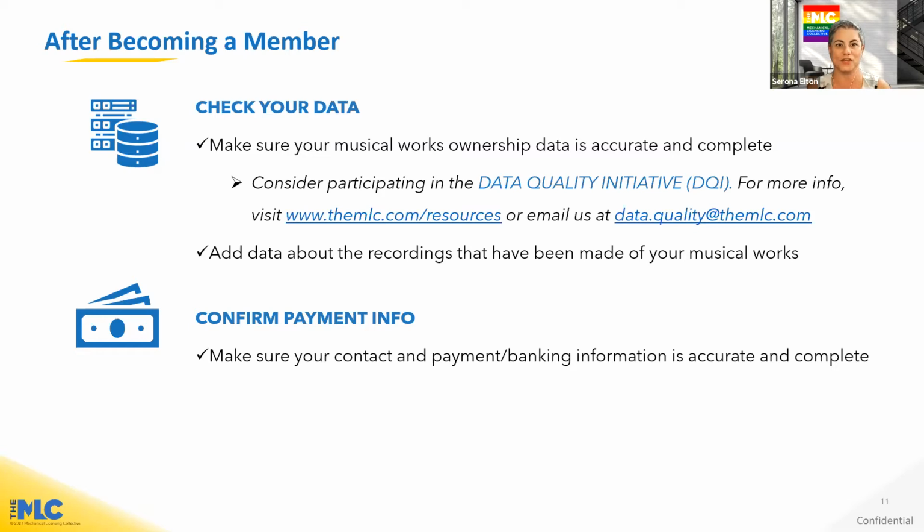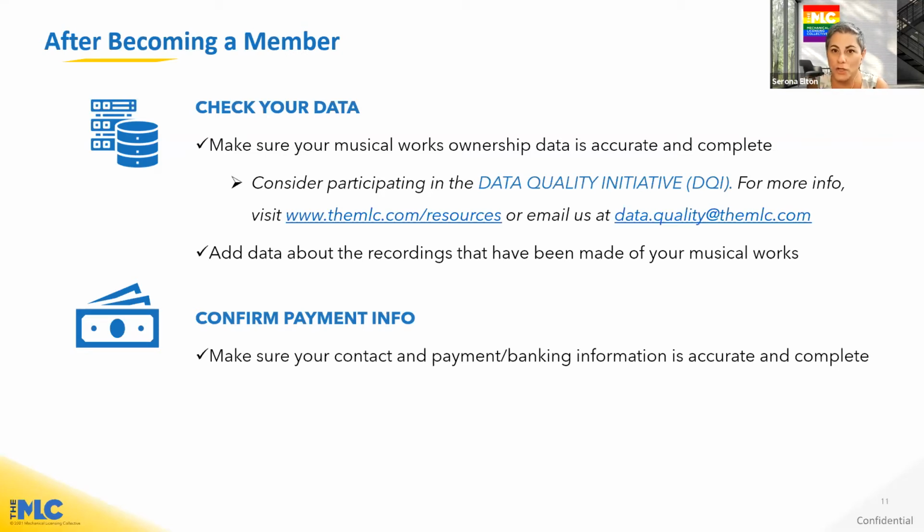If you have your musical works data in a spreadsheet, whatever that looks like, you can send it to us. We will compare the data in the spreadsheet to the data in our database, make our computers do that heavy lifting, and send you back a list of where those two things are not the same.